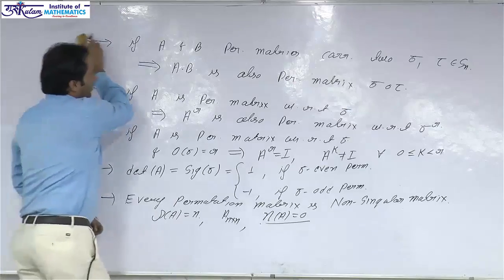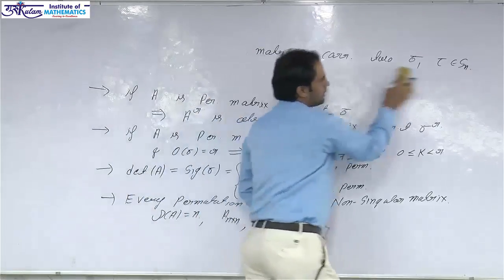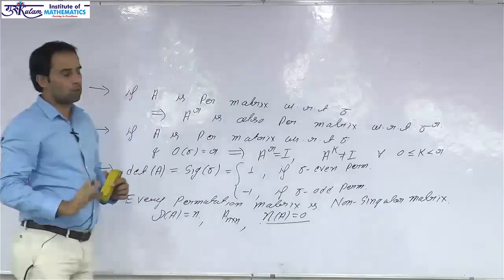Further, every permutation matrix is an orthogonal matrix.